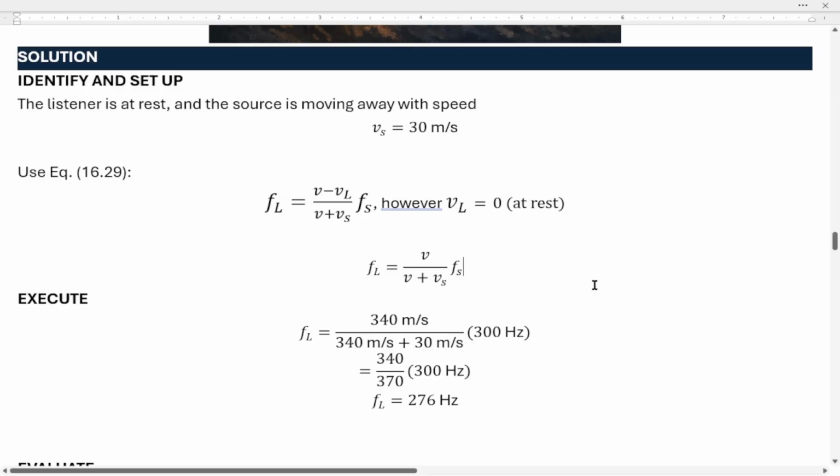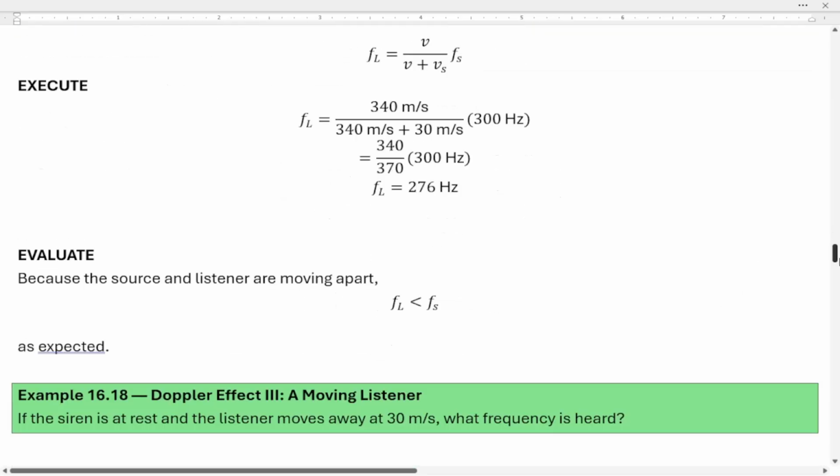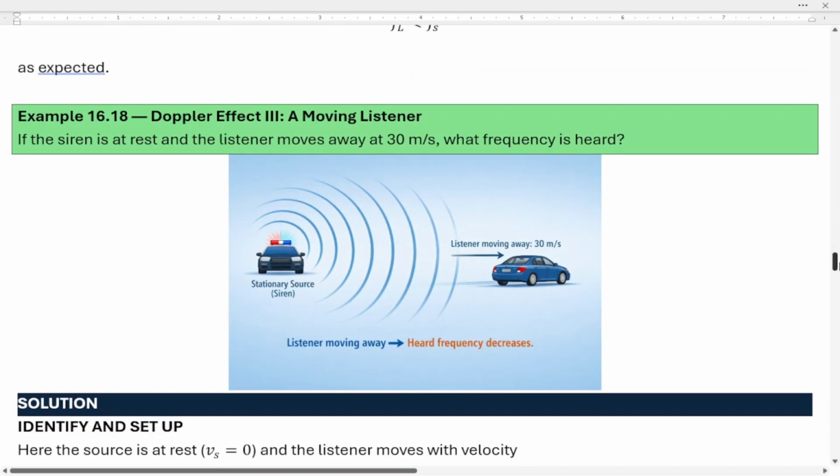That is why the formula that we used is V over V plus Vs times the Fs, or the frequency from the source. Now, in this problem, the example 16.8 is that the listener is moving away at 30 meters per second, and the source of the sound is stationary, as what you can see here in our illustration.